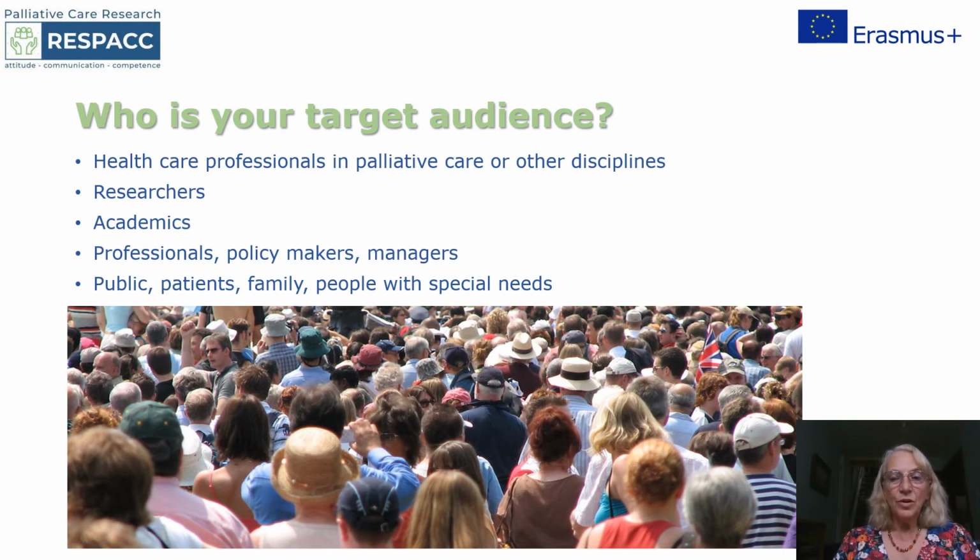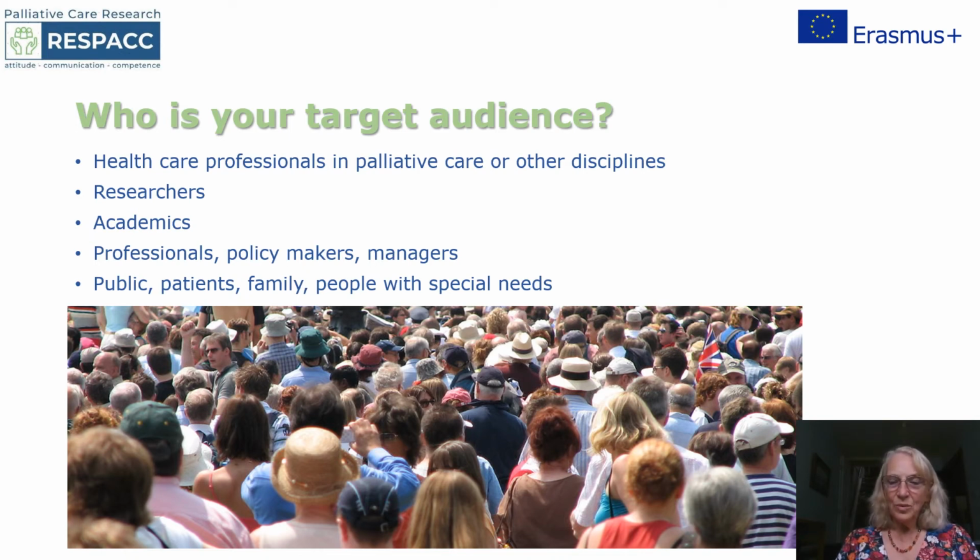You might want to communicate with other researchers, because it allows your work to be part of the platform that they build on in developing new research studies. So academics who are teaching health professionals or other people, and professionals who are policymakers and managers, people who design our services at governmental level or at regional level.